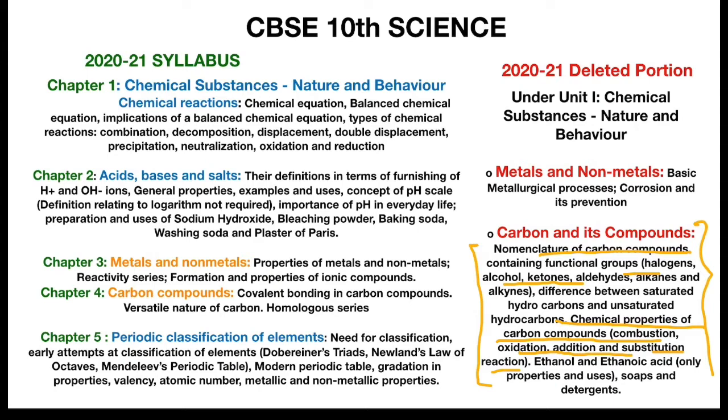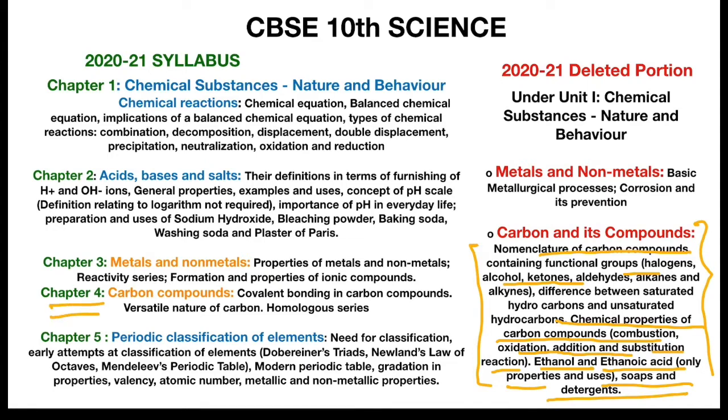Then topic number 4.4 in the book is related to ethanol and ethanoic acid. This is also removed for this year's syllabus. And last is topic number 4.5, which is related to soaps and detergents, and that topic is also removed or kept out from this year's syllabus. So many topics have been removed from chapter number 4.